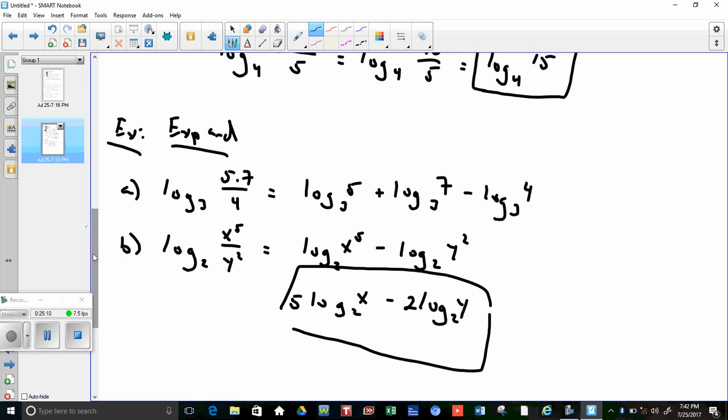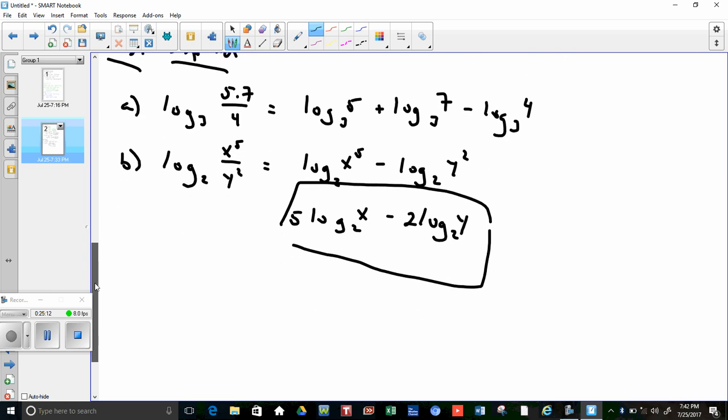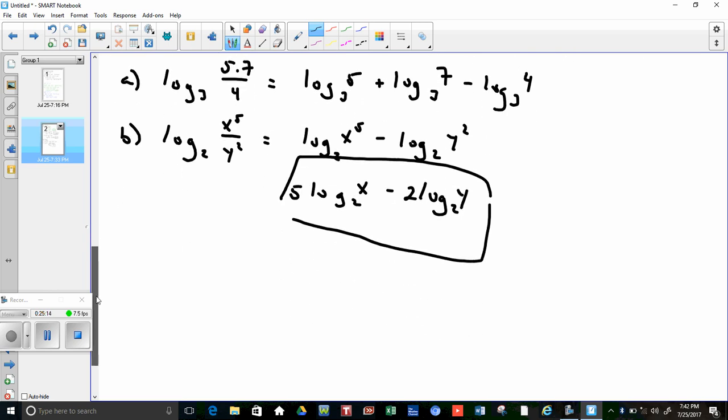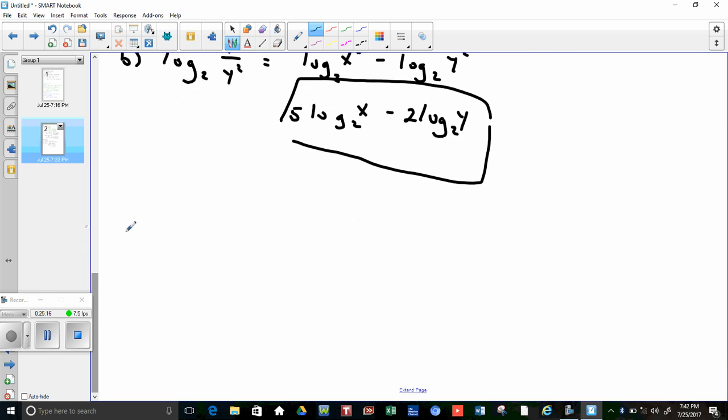Okay, what if we were actually given some values of these things? So let's say that we're given the log of 2 with a base of b, so we don't really know what the base is, 0.43.